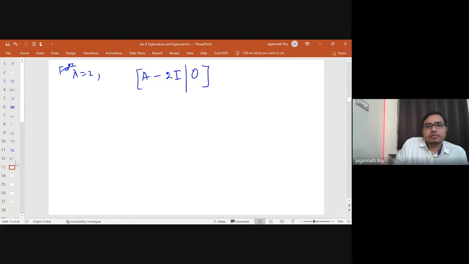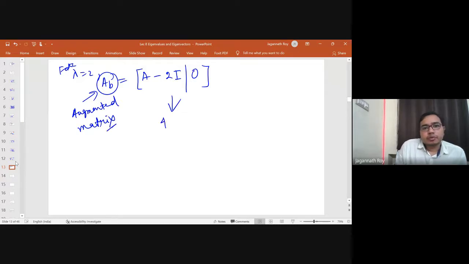So let us write down the system as an augmented matrix AB. Here this is 4 minus 5, 2 minus 3, and here it is 2 times the identity, 1, 0, 0, 1.